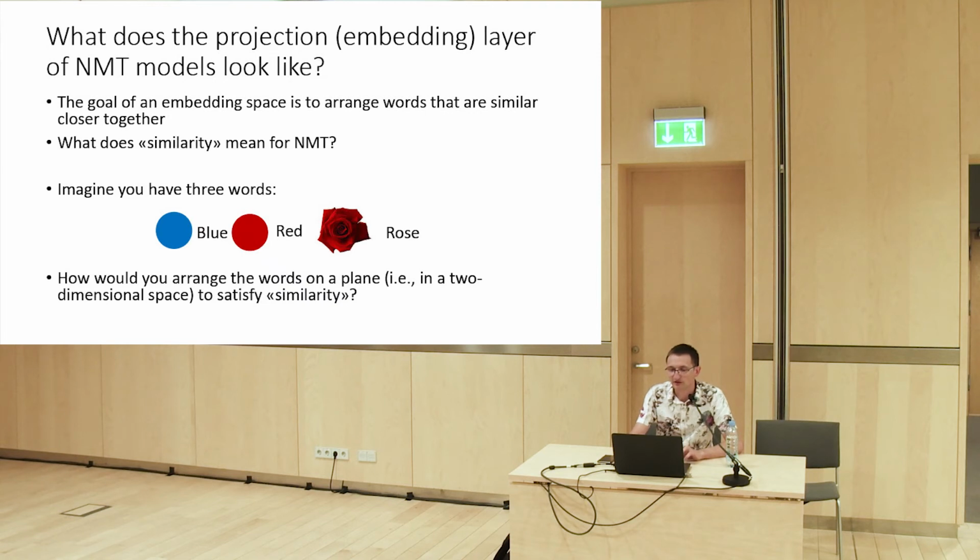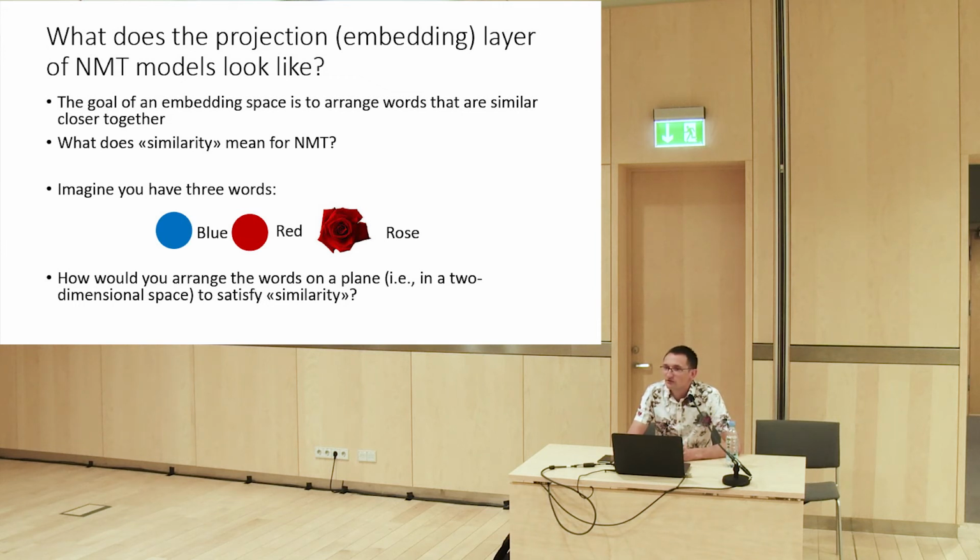If we talk about word embeddings, let's try to picture how word embeddings should look like. For instance, if we have 3 words, blue, red, and rose, or rosé, how would you arrange the words on a plane to satisfy similarity?